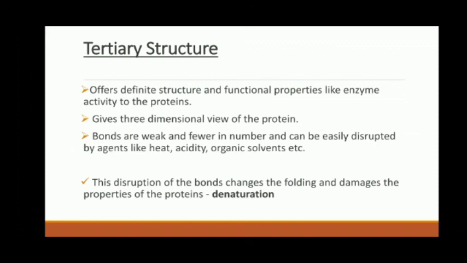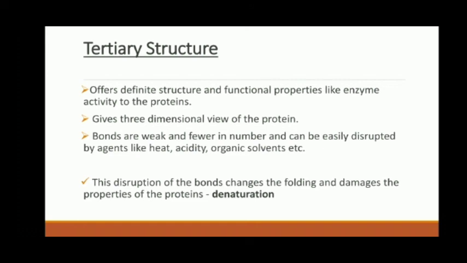Another feature is that the bonds present in tertiary structure are weak and fewer in number and can be easily disrupted by agents like heat, acidity, etc. This disruption of bonds changes the folding and damages the properties of the protein, that is known as denaturation.